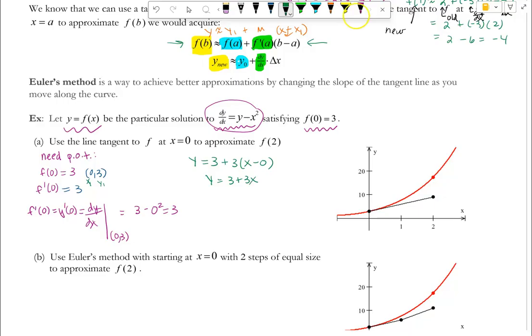Now, if I'm approximating f of 2, I really could have jumped to that without writing out the equation. But f of 2, so my new y value, is going to be approximately my old y value plus my slope times delta x. So since my new x value is at 2, and my original x value is at 0, my delta x is 2.